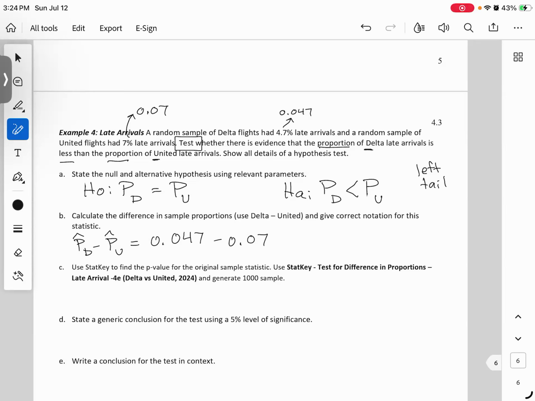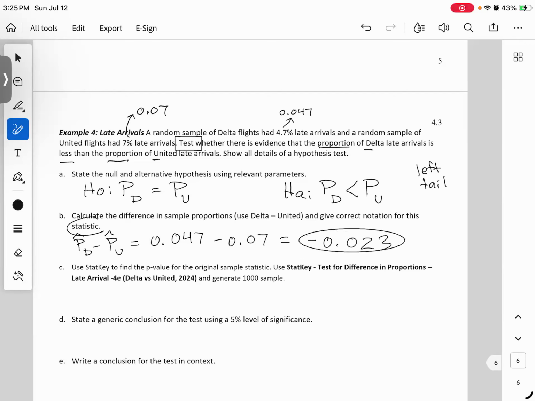Part of me wants to say no, because either way you're going to get the same p-value. But part of me wants to say yes, it does matter, because if you're doing a less than test, it would be nice to have that matched up with a negative rather than a positive. So doing it this way, 0.047 minus 0.07, you get negative 0.023. And that right there is the statistic.